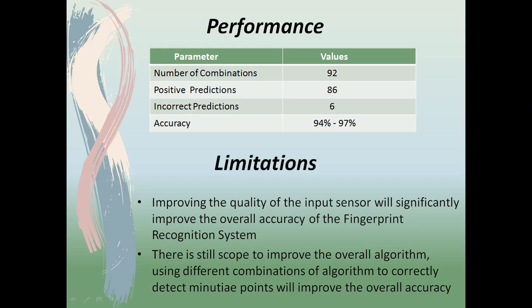And I still believe there is scope to improve the overall algorithm with minor tweaks here and there, and we could use other combinations of algorithms to correctly detect minutia points, which would significantly improve the overall accuracy. But that remains for working on the project later on.